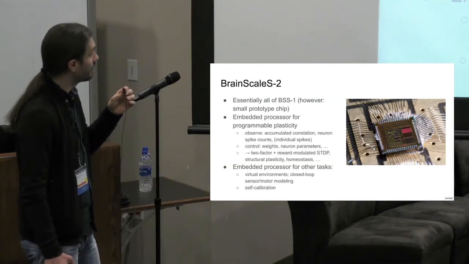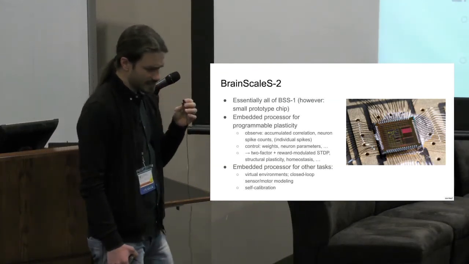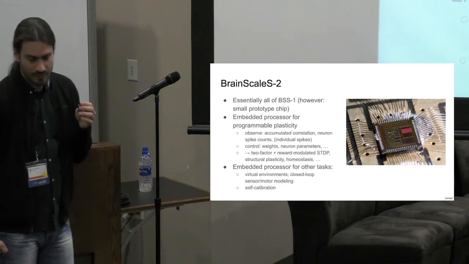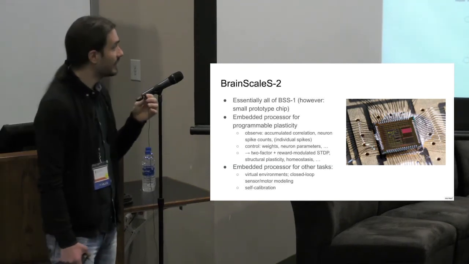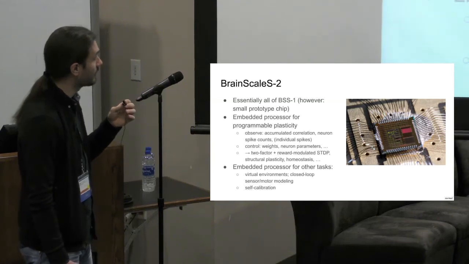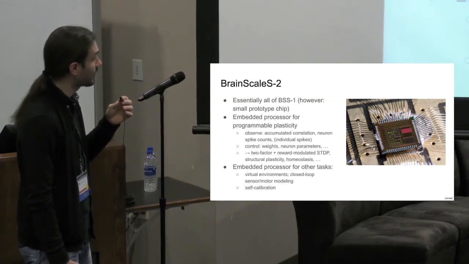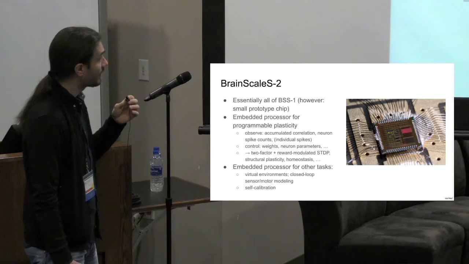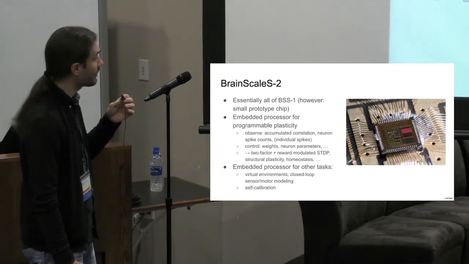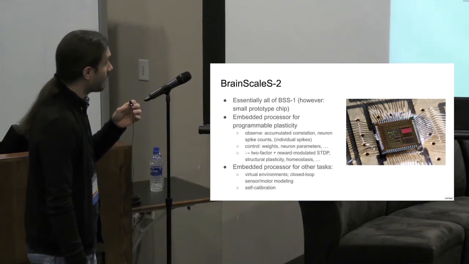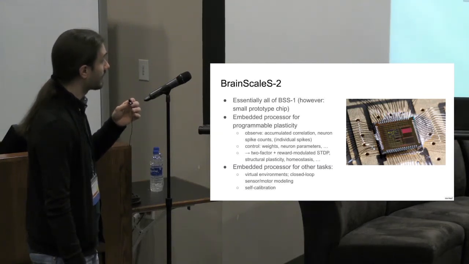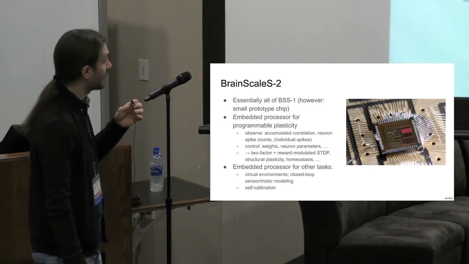So regarding the embedded processor, its main application, at least at the beginning, that was my impression, was basically targeting programmable plasticity. So you have capabilities on the chip to observe certain state variables in your system. For example, you can measure the accumulated correlation within the synapses, which happens in a massively parallel fashion.